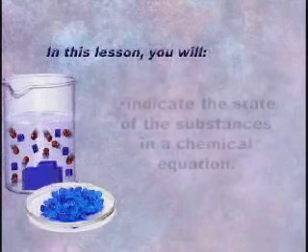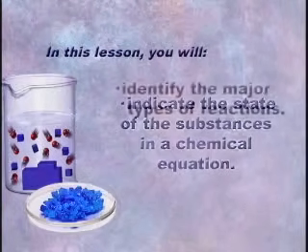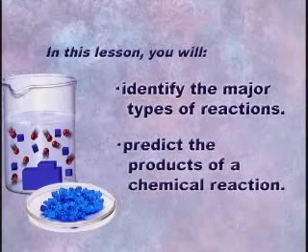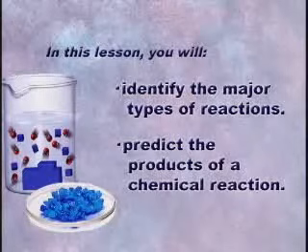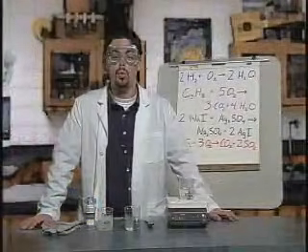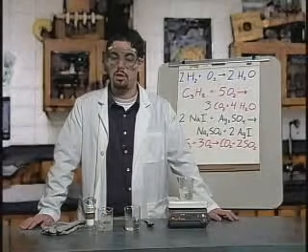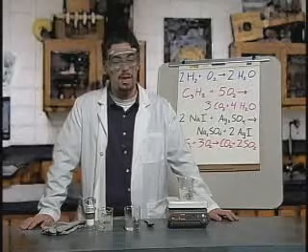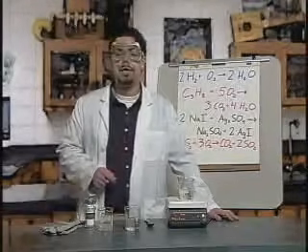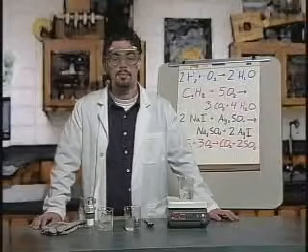In this program, you will learn to indicate the state of the substances in a chemical equation, identify the major types of reactions, and learn how to predict the products of a chemical reaction when given the reactants. You have seen that a chemical equation shows what substances take part in a chemical reaction and the relative number of atoms of each element in the reaction. But chemists also may choose to give even more information than what you've previously learned about.